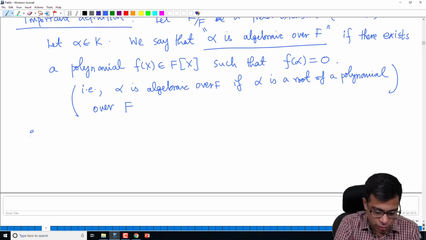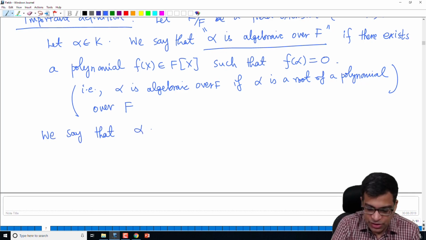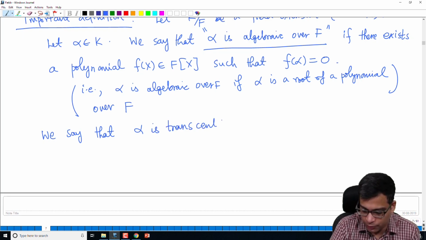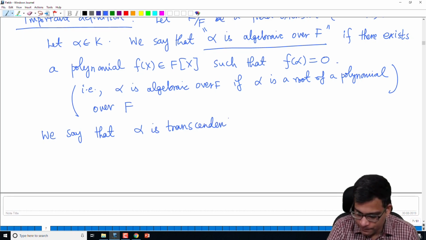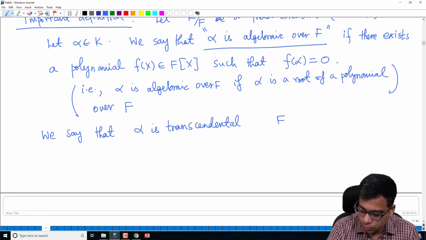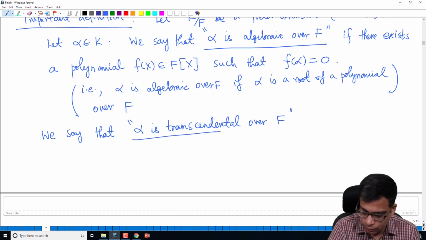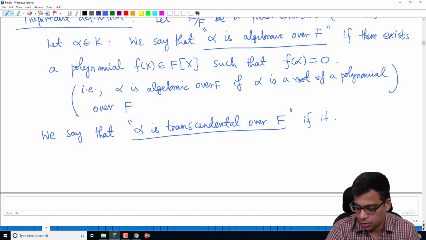Okay. So, continuing the definition, we say that alpha is transcendental over, again, F. "Over F" is again an important part of the terminology: transcendental over capital F if it is not algebraic, that's all.